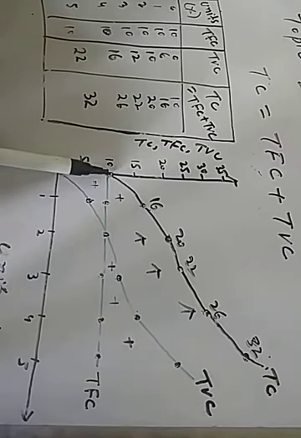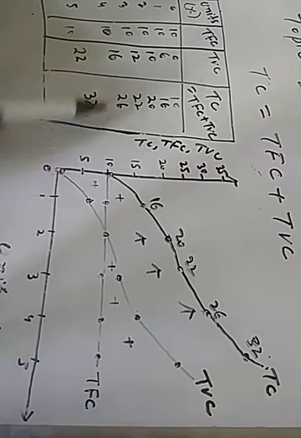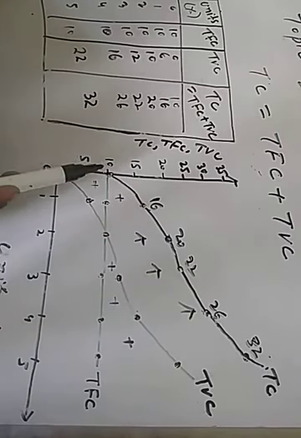But there is some fixed cost for the zero unit, equal to 10 rupees in our example, because before producing any level of output, we have to construct buildings, factories, shops, and install capital machinery. For that we have to spend some money. Therefore, when zero level of output is produced, still there is some cost in the form of fixed cost.